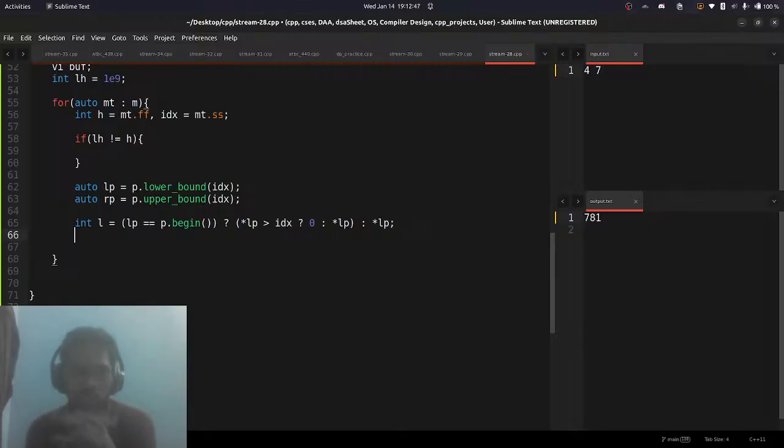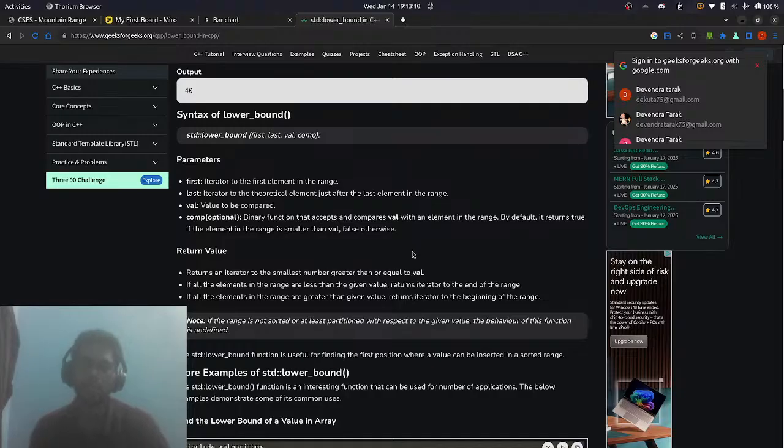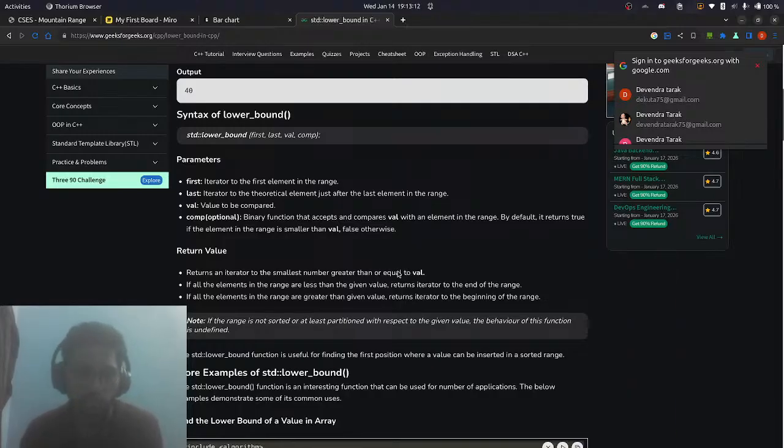Why am I doing this? Because I am not sure. The thing is, the beginning of the set is equal to the first element, right?